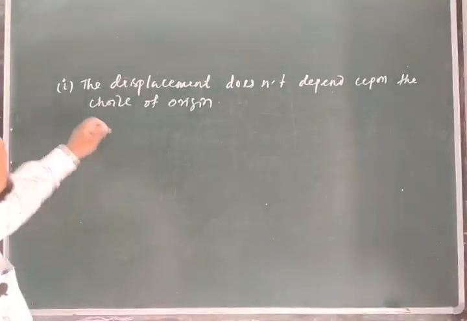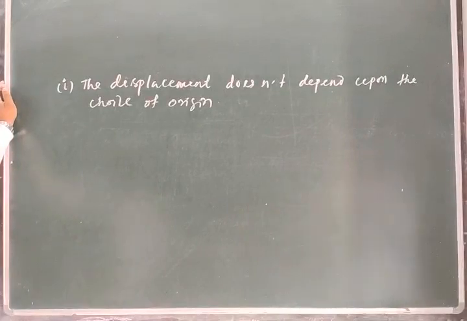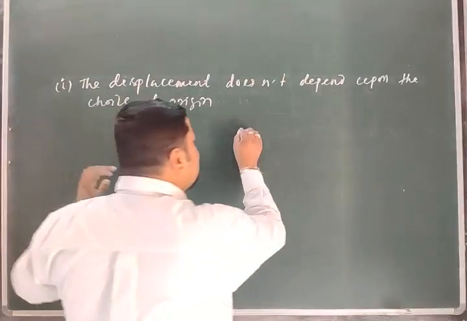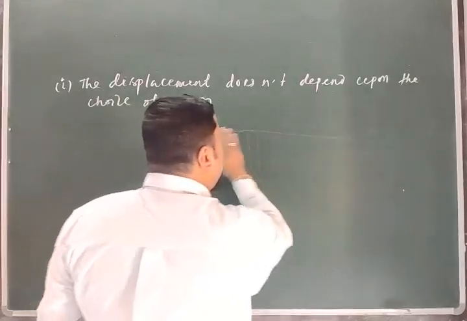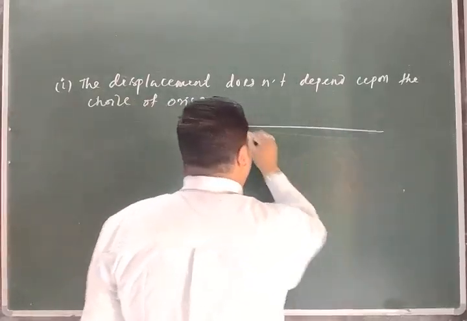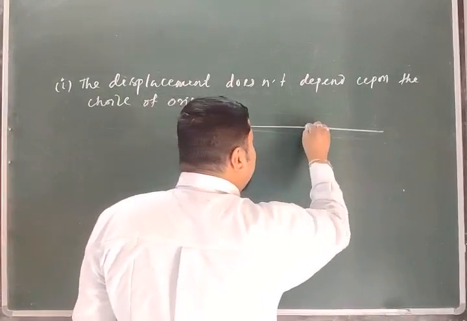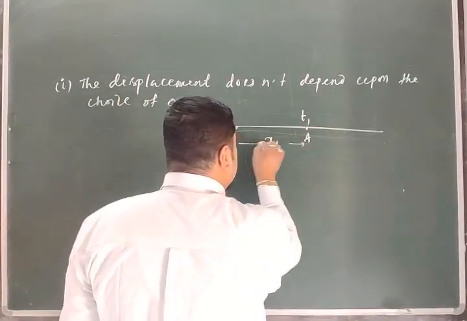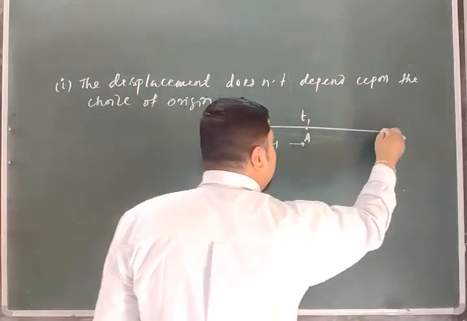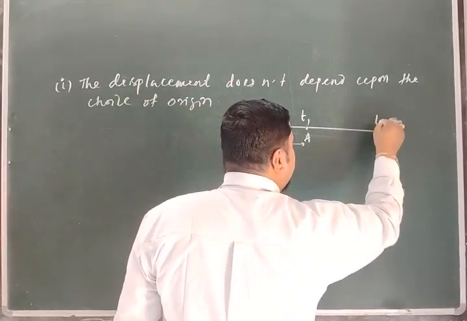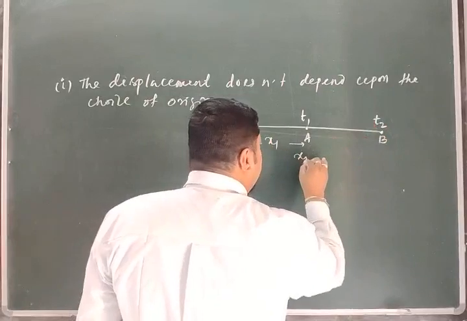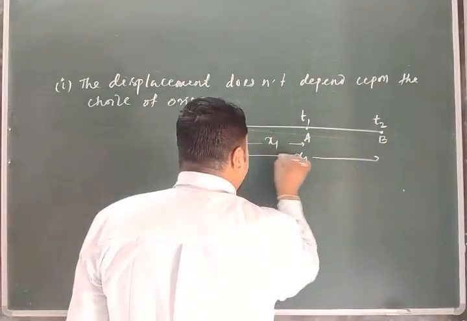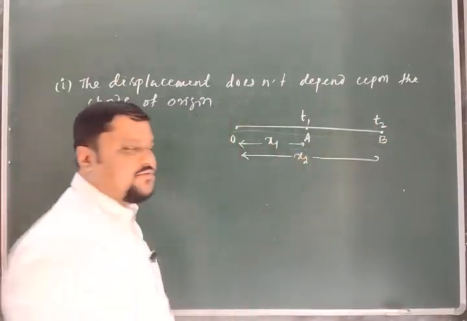So in this case, when you measure the displacement of a particle, it does not depend upon the choice of origin. It means, suppose you start from O, and at time t1 you reach x1, it covers a distance x1 initially, then at time t2, it reaches the point B, that is x2.